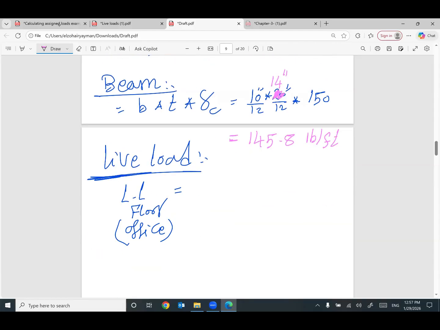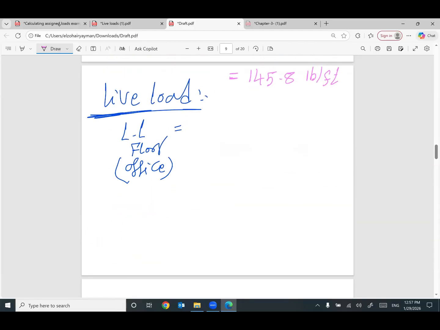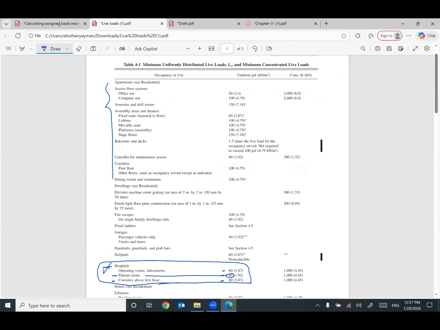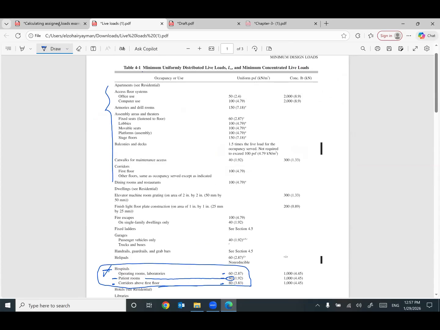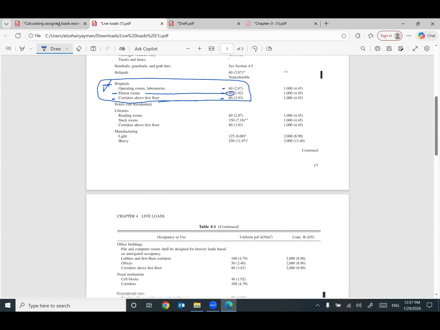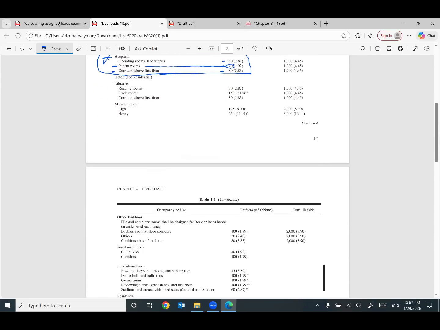And I will open my table for office building. Where is the office? Here you go. If you do have office use, the value will be 50. That makes sense. I think this is the only office we do have. We have another office here.